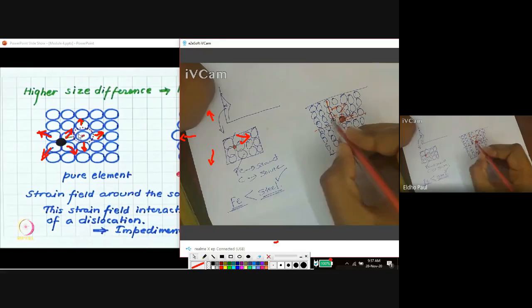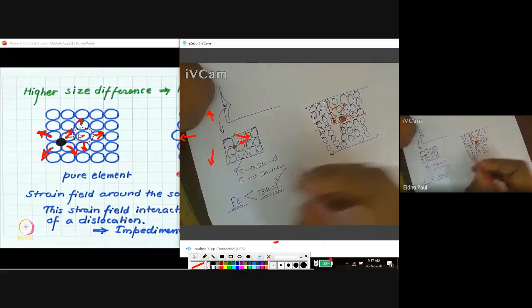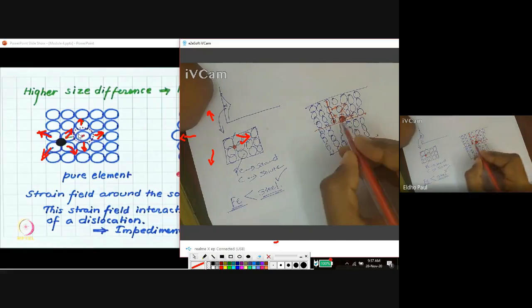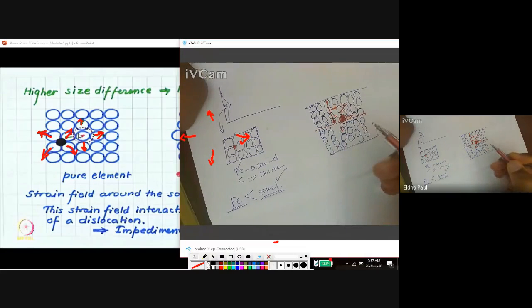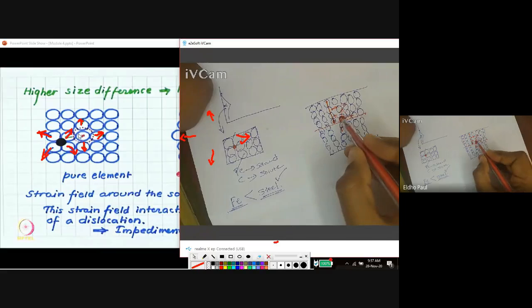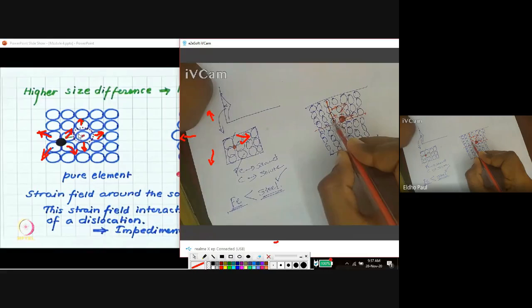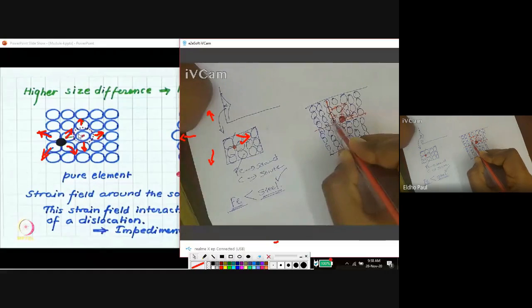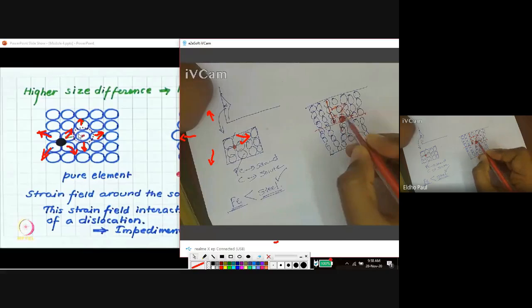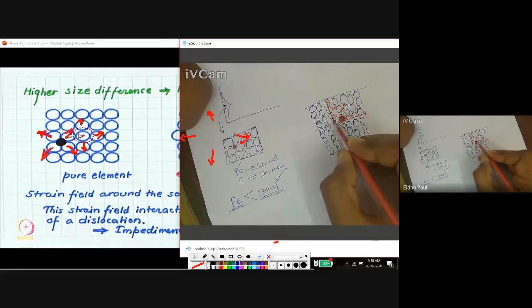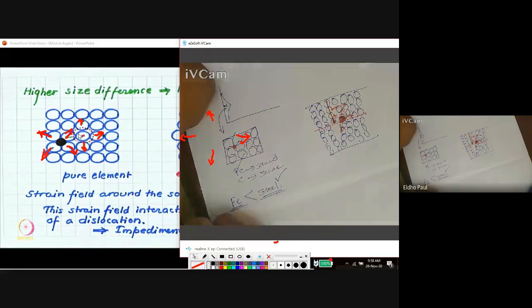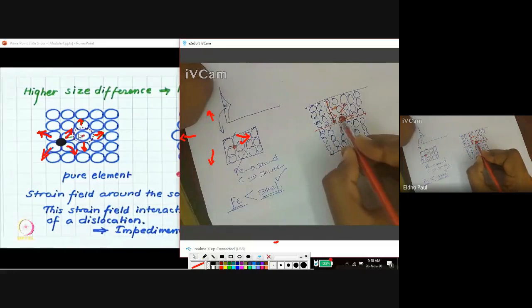If both are different, for example, one is tensile and one is compressive, then of course this stress field attracts this dislocation stress field. Both are different in sign. One is tensile and one is compressive. So the solute atom stress field attracts the dislocation line stress field. So both attract and come closer.